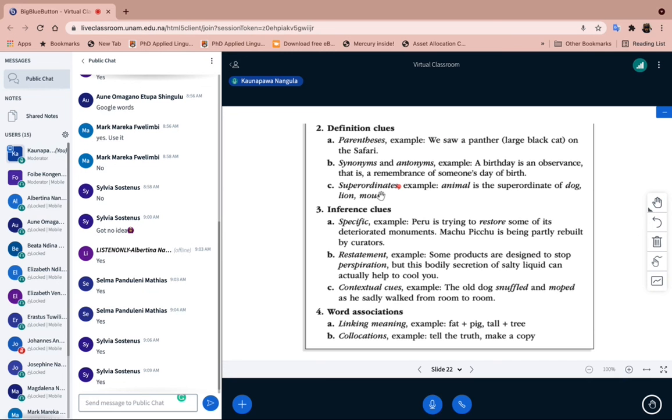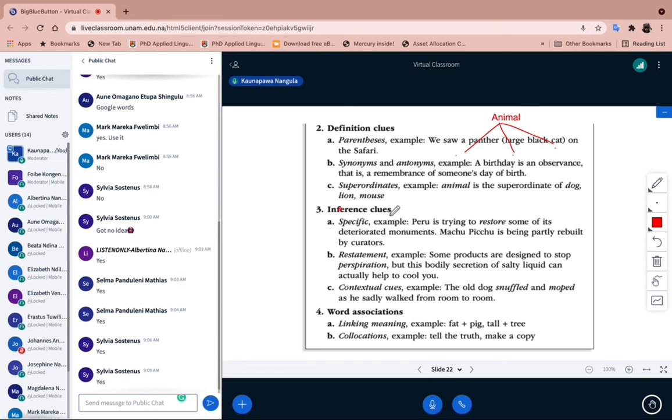You have animals on top, something like that, so that they understand better. And then you put the word dog here, and then lion here, and then mouse here. That shows that a lion, a mouse, and a dog are all animals. Does that make sense? So that's what this is all about.